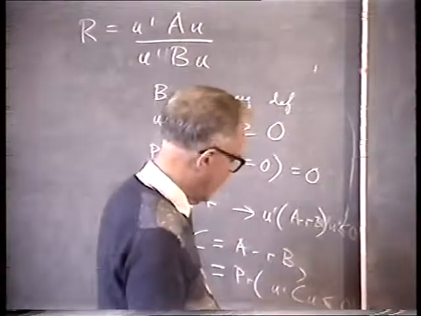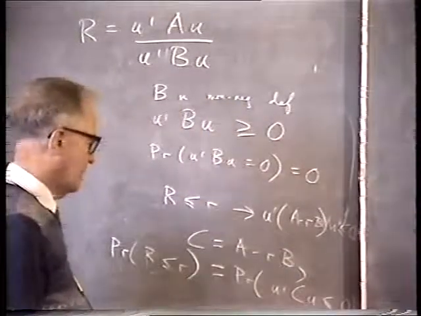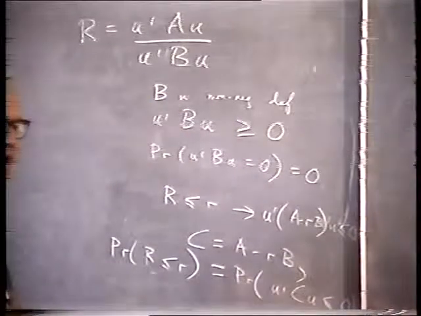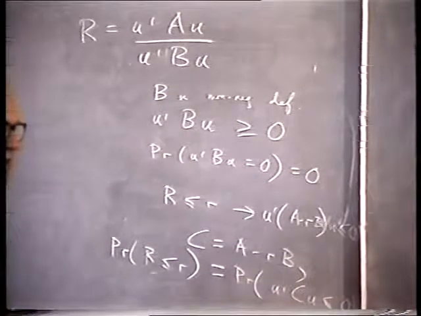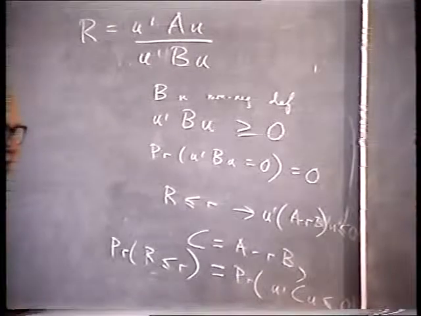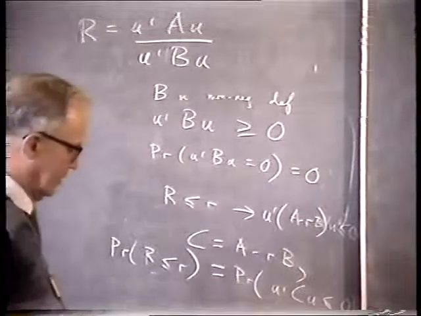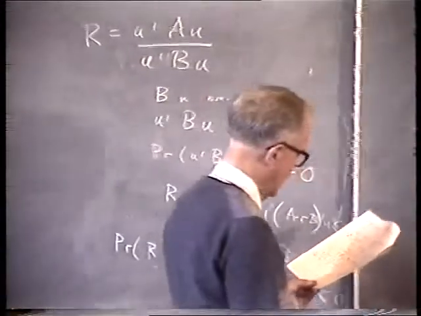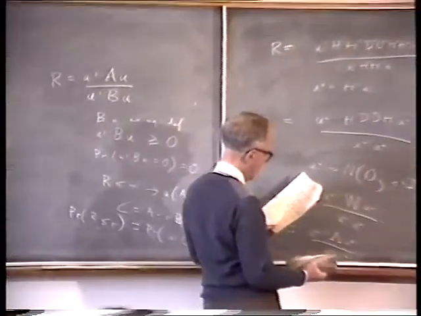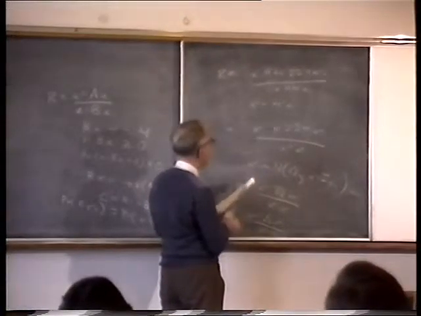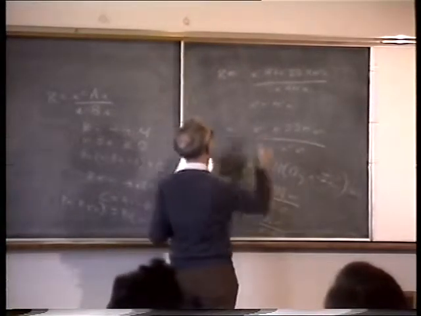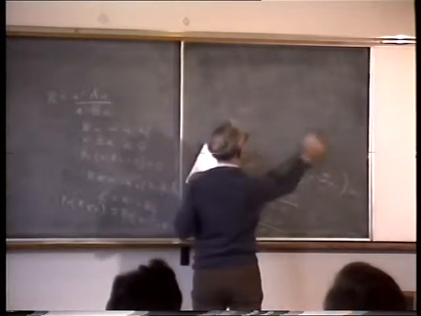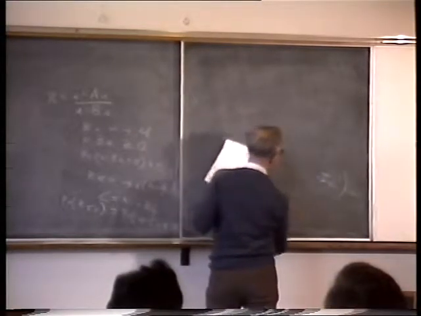The big simplification is that now all we're looking at is a quadratic form in the u's rather than looking at the ratio of quadratic forms. And again, we can simplify our expression by transforming to a canonical form.